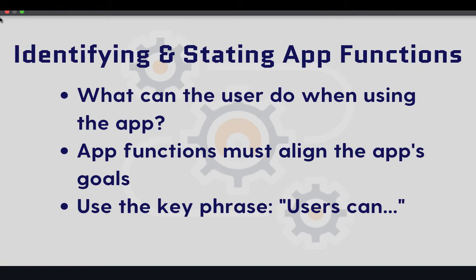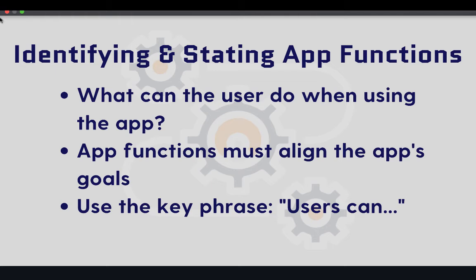You guys are going to see this a lot: "Users can..." It's just really easy to say, what can users do with the app? We're going to take that "user can" statement and turn it into an app flow. For example, users can add items to their cart, search and add items to their cart, and make a purchase.